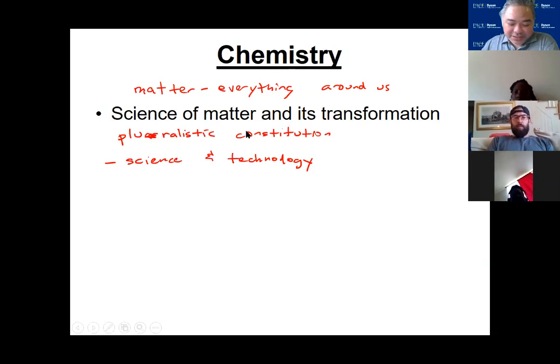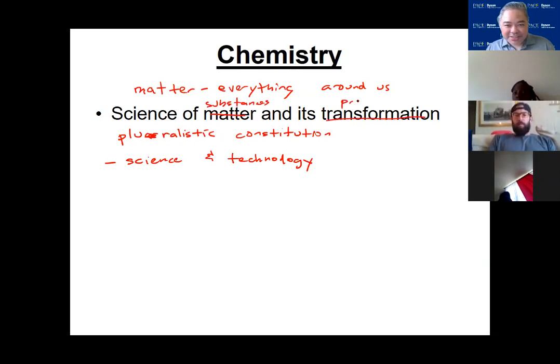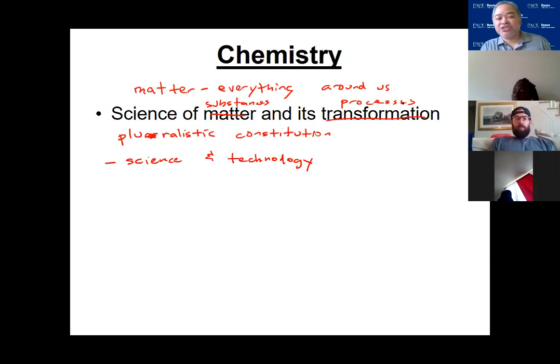It can be portrayed as a science of substances and processes. So that's just one way of defining chemistry.